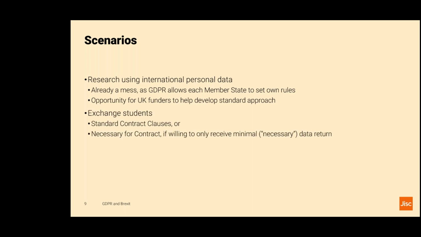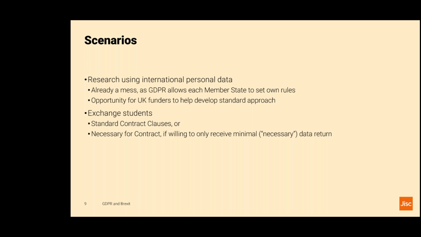Exchange students, both directions. Probably if you are receiving students from the continent, expect their home university to expect standard contract clauses. And in the opposite direction, you probably want to have standard contract clauses because that will allow perhaps transfer of a bit more data than is absolutely necessary.